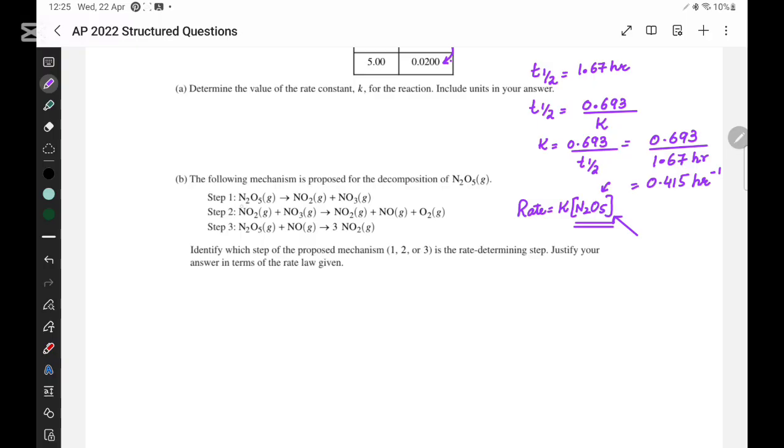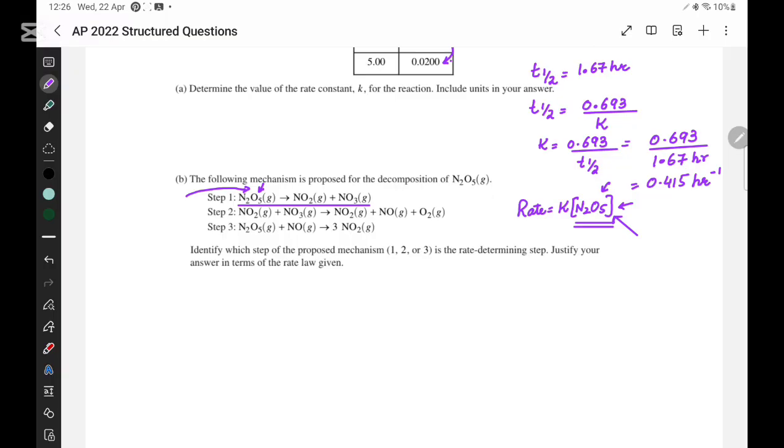So if you see step 1, the reactant is N2O5, which is present in the rate equation. So this is going to be the rate determining step, because in the rate equation there is the concentration of N2O5, and step 1 is the one which shows the concentration of N2O5 only.